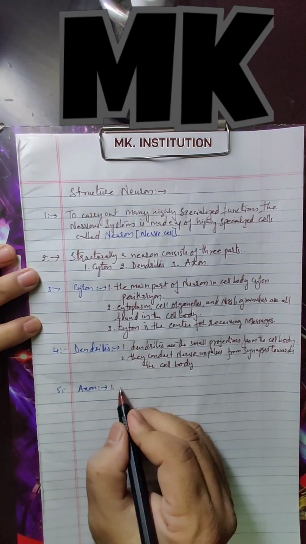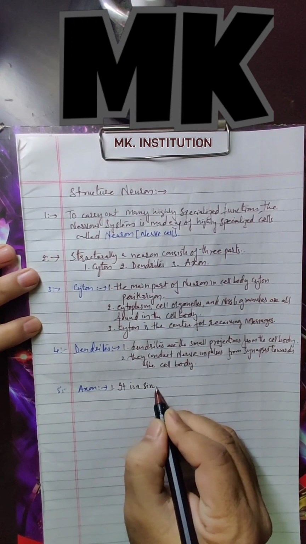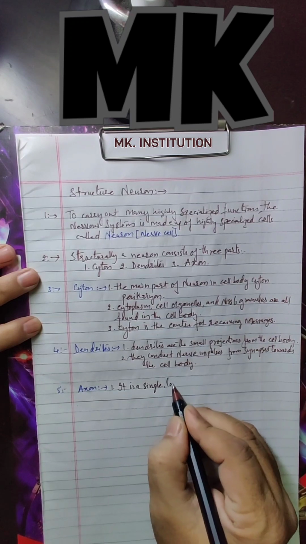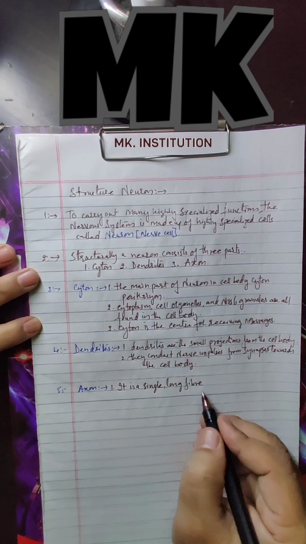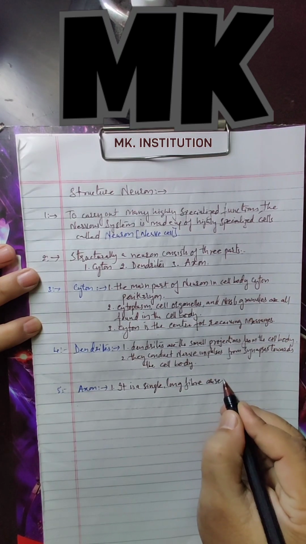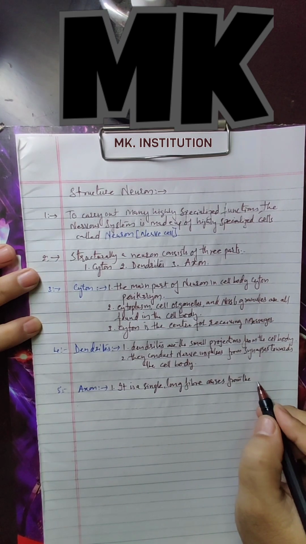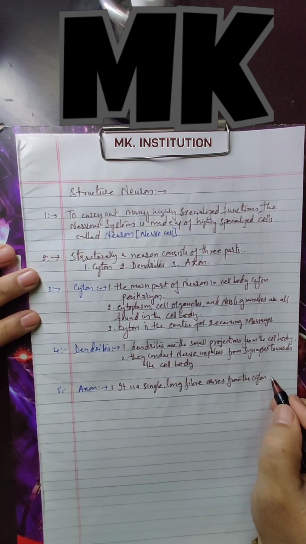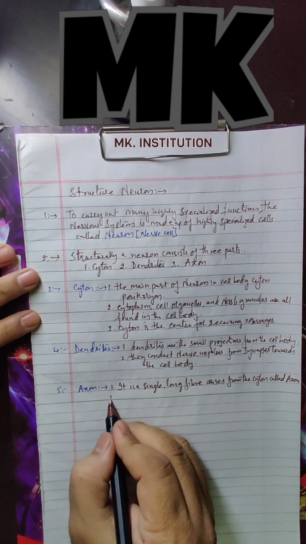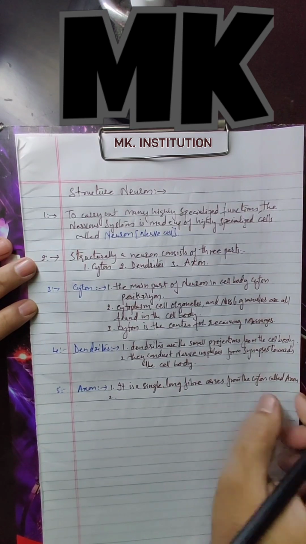It is a single long fiber arising from the cyton, called axon. This is the first one. Clear? So what is the axon means here? It is a single long fiber arising from the cyton, cell body.